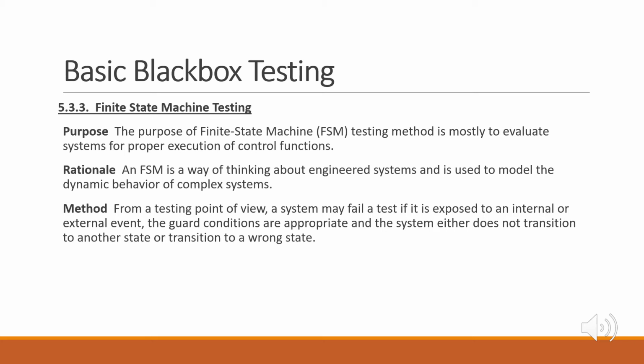A system may also fail if it does not produce an expected output while in a given state. With an FSM model, test coverage criteria can be based on the structure of the state machine model. This includes testing based on state event combinations, transition structure, and paths specified by the state machine.